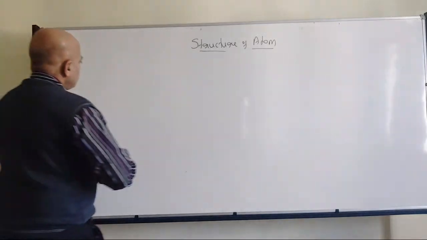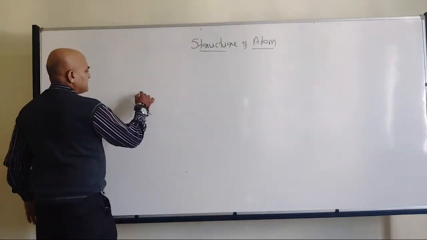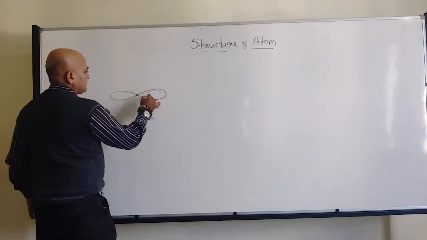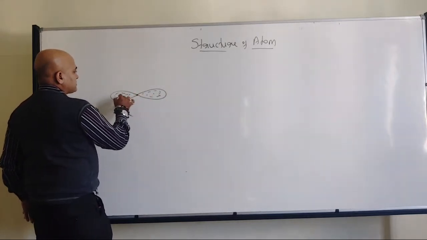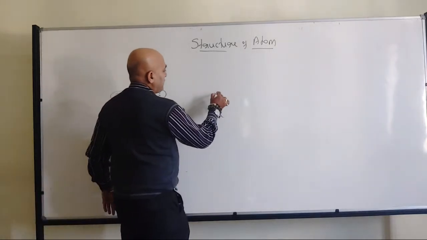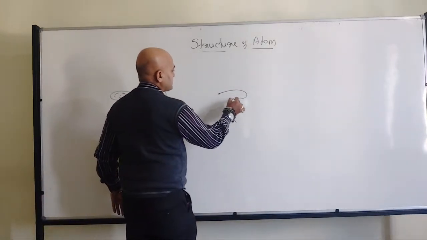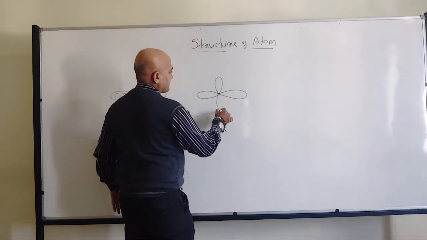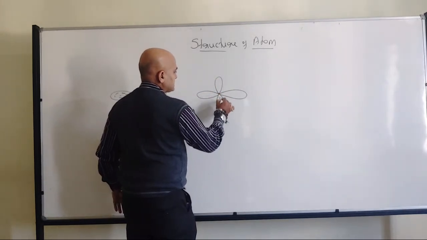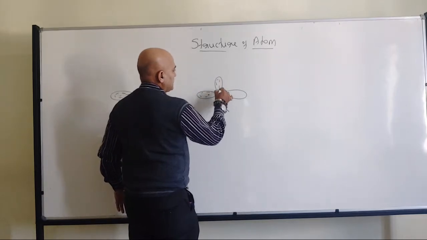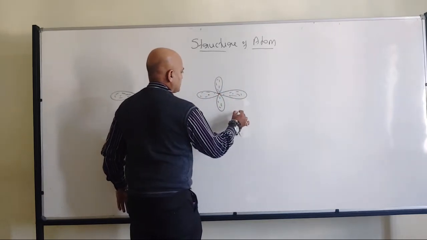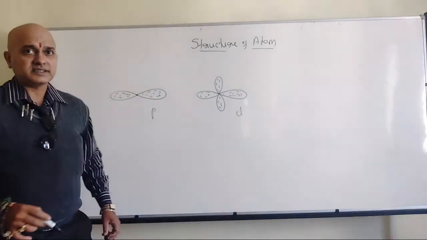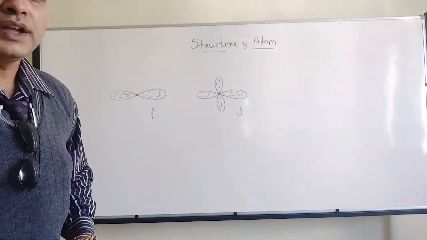Okay. See, for time being, I will take one of the p subshell. So this is p subshell. Now I will take any one of the d subshell, a common one, not dz square. So this is where I have the d subshell orbitals and p subshell orbitals.